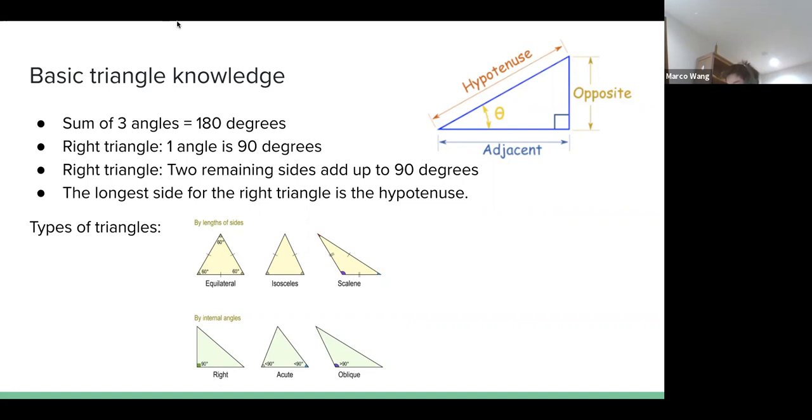For scalene, all three sides are different lengths. By internal angles, a right triangle has one right angle. For acute, all the angles are below 90 degrees. And for obtuse, there's one angle that is above 90 degrees.